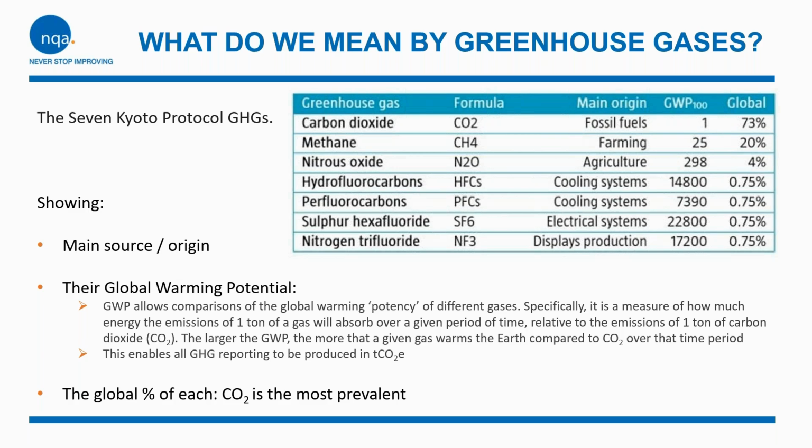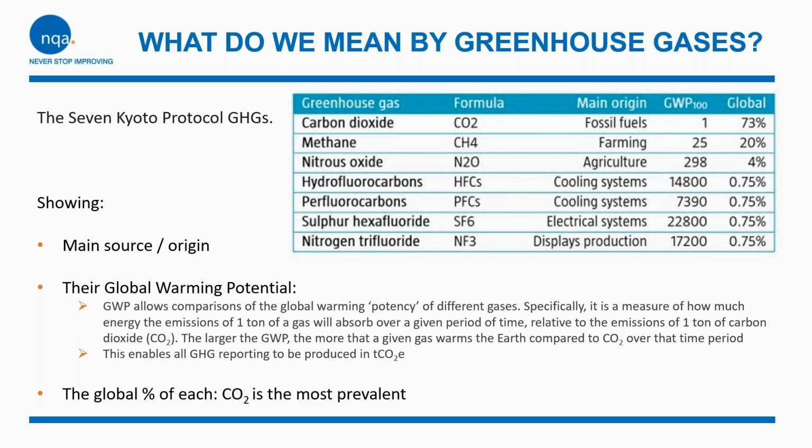Each of these gases is then assigned what's called a global warming potential, or a GWP. And the purpose of a GWP is to allow comparisons of the potency of the different greenhouse gases in terms of creating the greenhouse gas effect and therefore climate change.